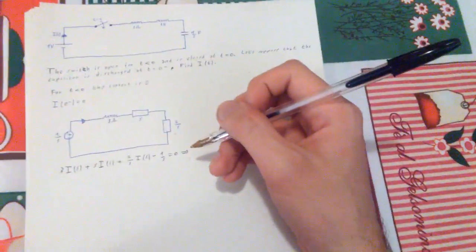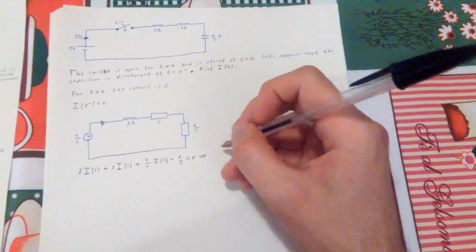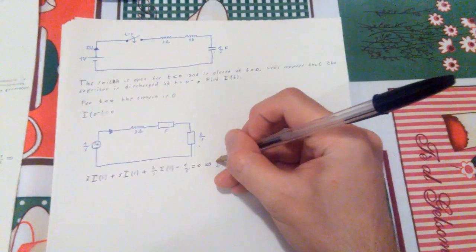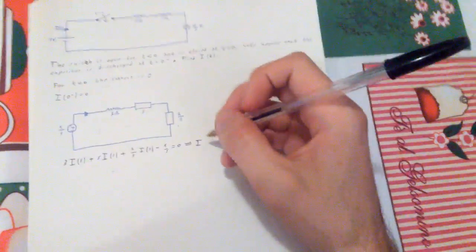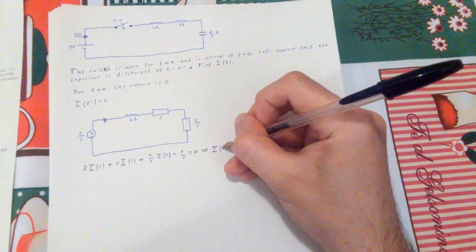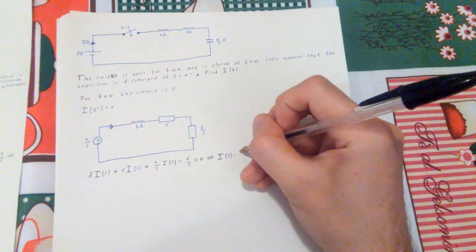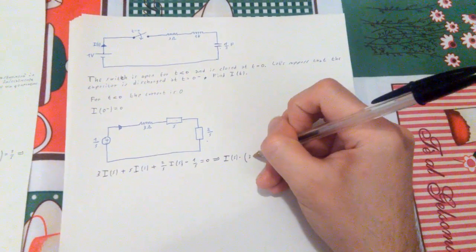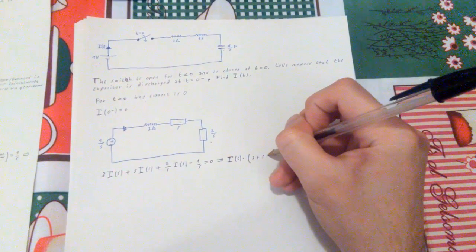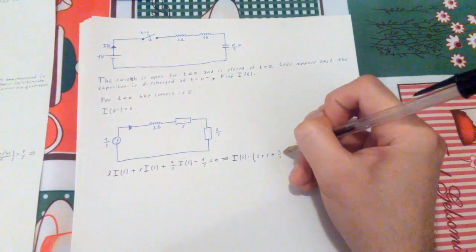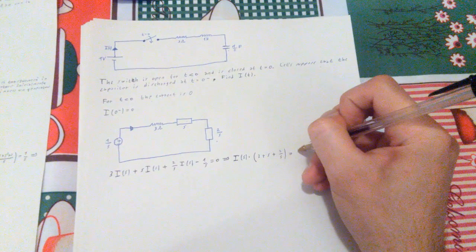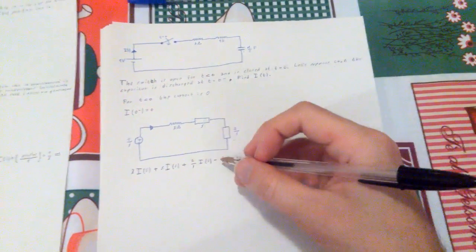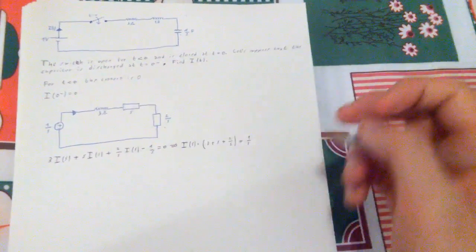So now our target is to find I of S, so we're going to multiply I of S times 3 plus S plus 2 over S equal to 1 over S. I just moved the 1 over S to this side.